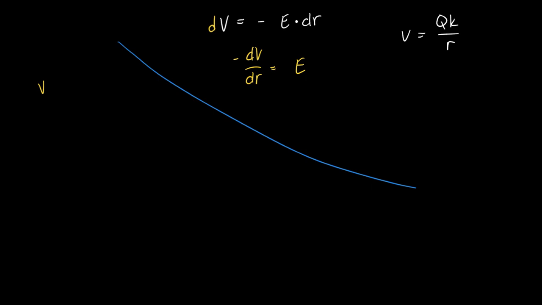Now, there's two things indicated here. The first is that dV/dr tells you the size of the electric field, the steepness of the electric field. However, the negative sign indicates that the direction of the electric field would be in the opposite direction of the slope.